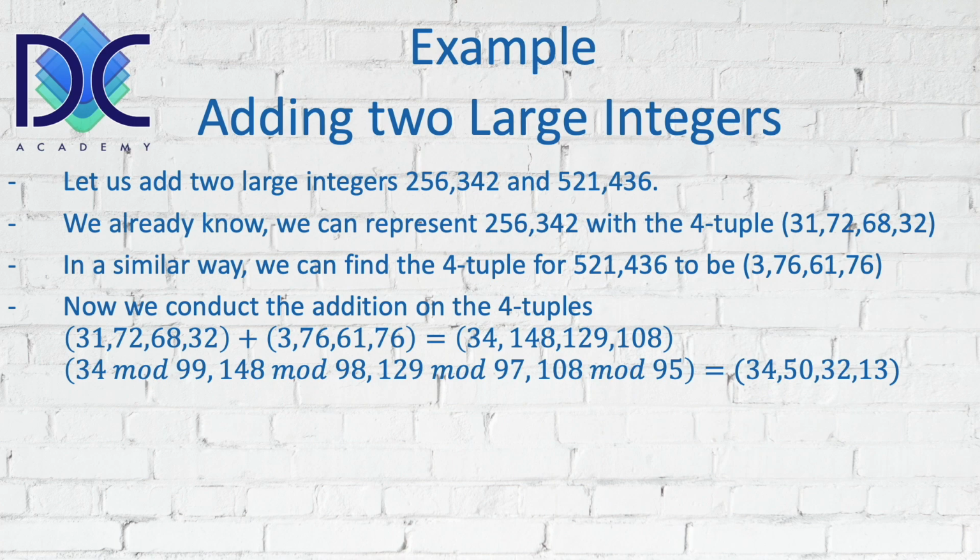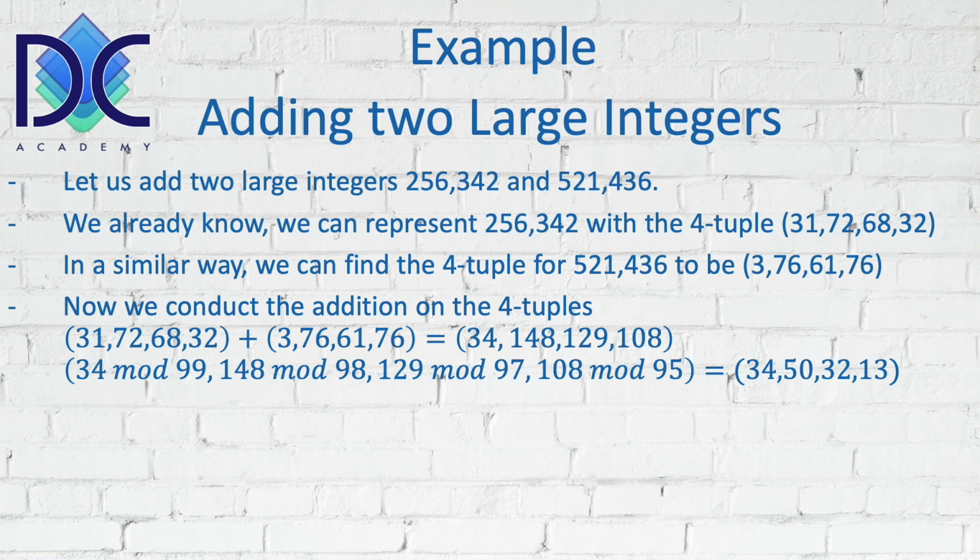So what we represent in the 4-tuple is 34 modulo 99. 34 is smaller than 99, so that's okay. 148 modulo 98: 148 is larger than 98, so we can replace this by 50 modulo 98. 129 modulo 97 is also larger than 97, so we can replace this by 32 modulo 97, and we just subtract 97 from 129.